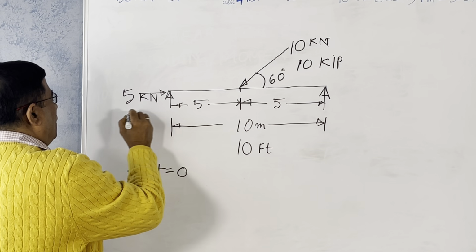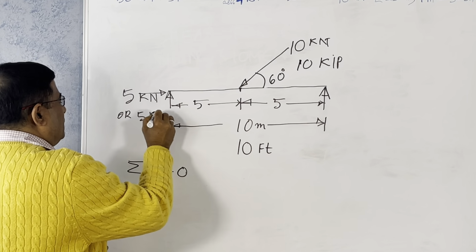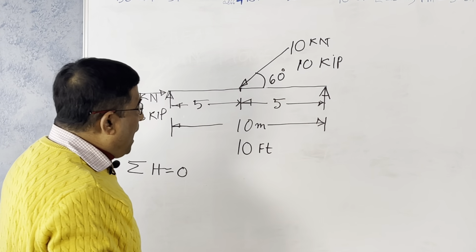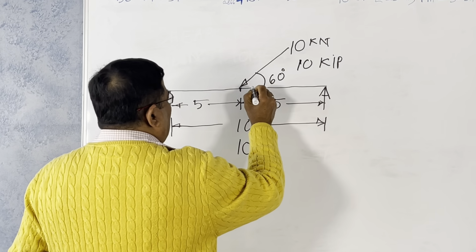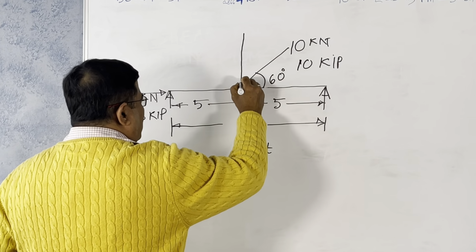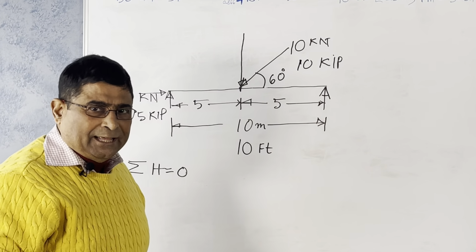Whatever you consider, kilonewton or kip. Now, this is the component of this force in this direction, and what is the vertical component of this force, which will cause bending moment?